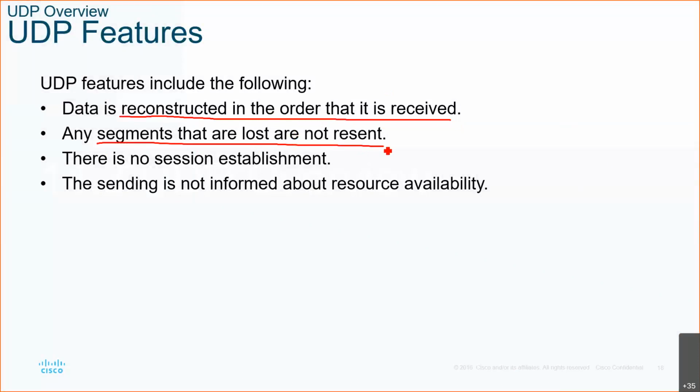No acknowledgement, it will just carry on. There's no circuit establishment, no session establishment. So these are the features of UDP. No reliability is guaranteed, but speed is the essence of UDP.